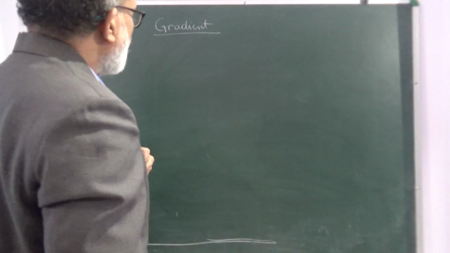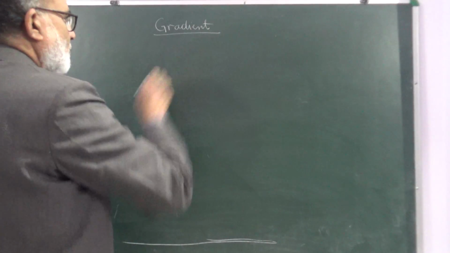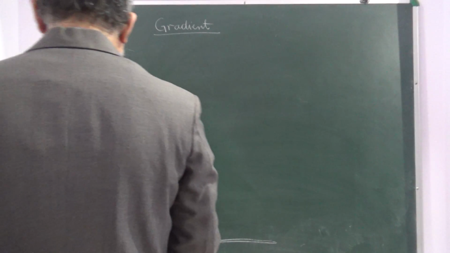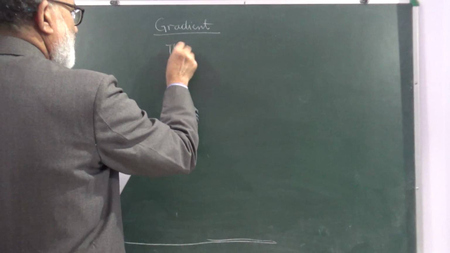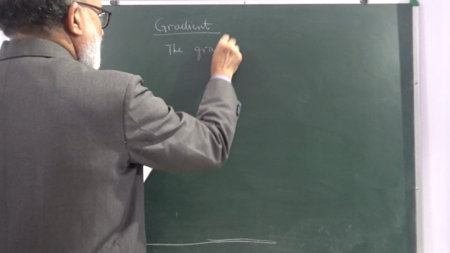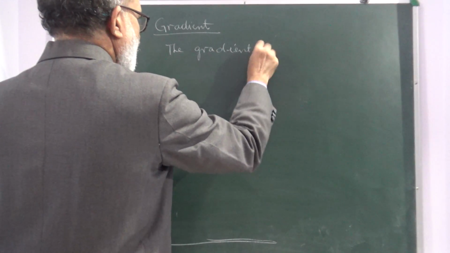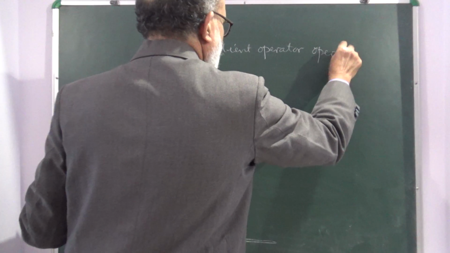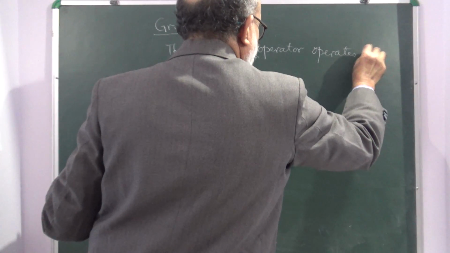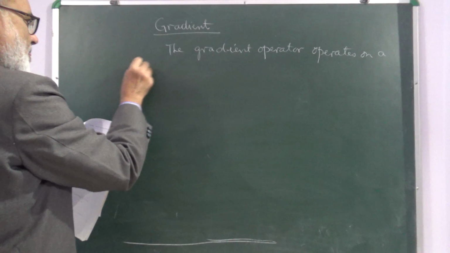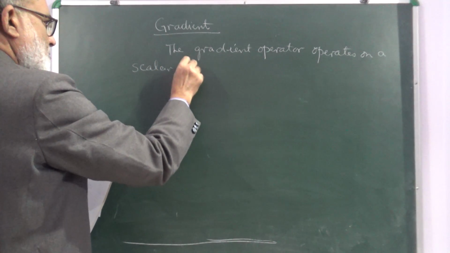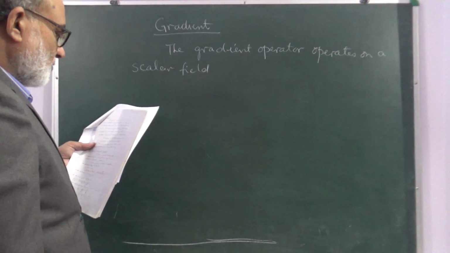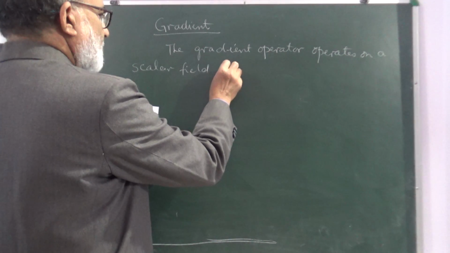So the gradient is an operation of del on a scalar field. It's called gradient. The gradient operator operates on a scalar field, and the resultant is a vector field.